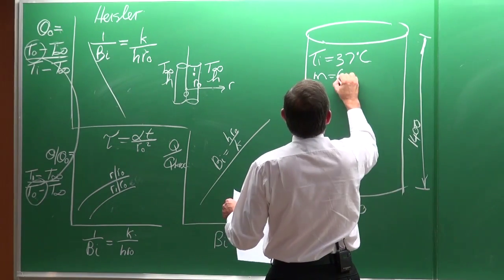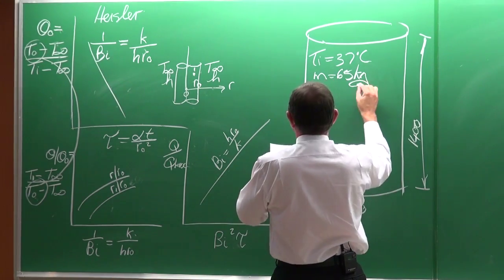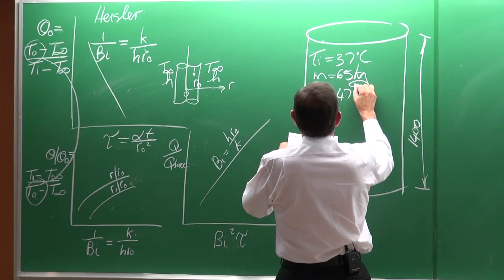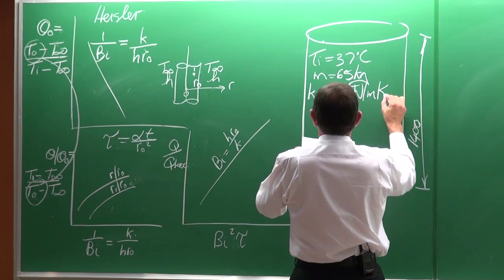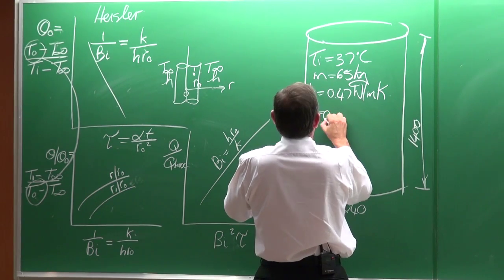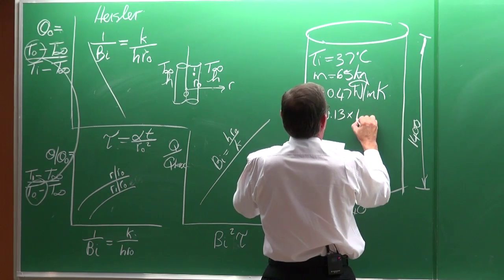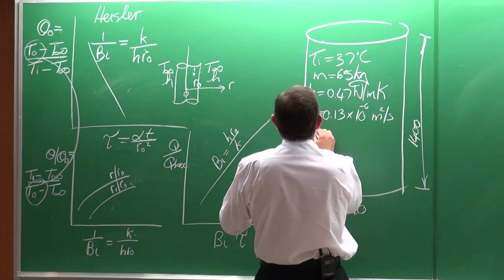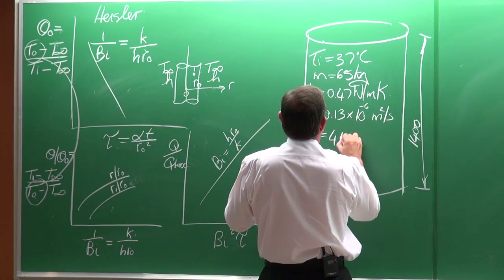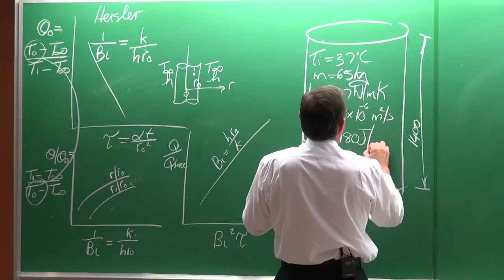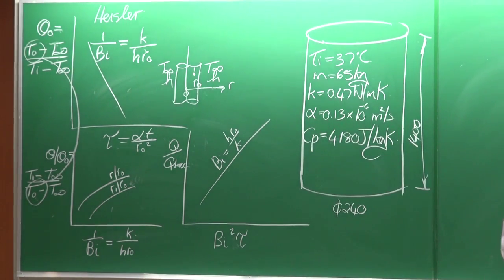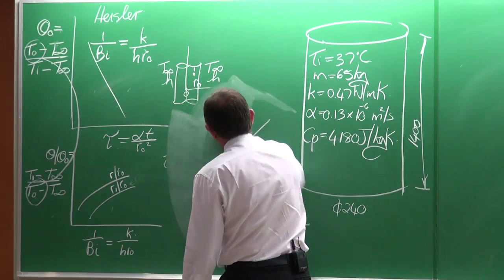The mass is 65 kilograms. The thermal conductivity k is equal to 0.47 watts per meter Kelvin. The alpha value is equal to 0.13 multiplied by 10 to the minus 6 meters squared per second, and the Cp value is equal to 4180 joules per kilogram Kelvin. So those were the properties of the body.